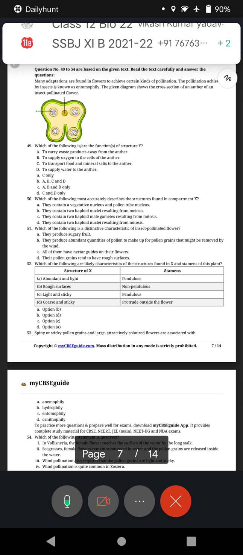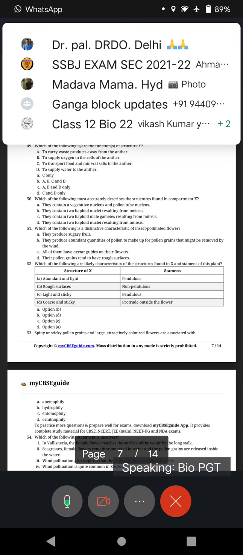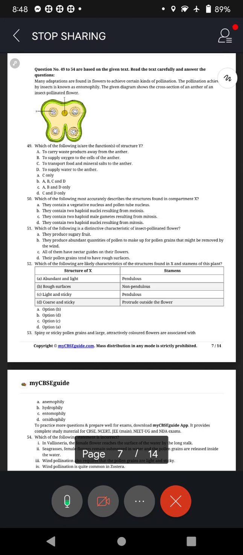So structure of X: A. Abundant and light. B. Rough surfaces. C. Light and sticky. D. Coarse and sticky. Stamens: pendulous, non-pendulous, again pendulous, protrude outside the flower. Now alternatives are option B, option D, option C and option A.